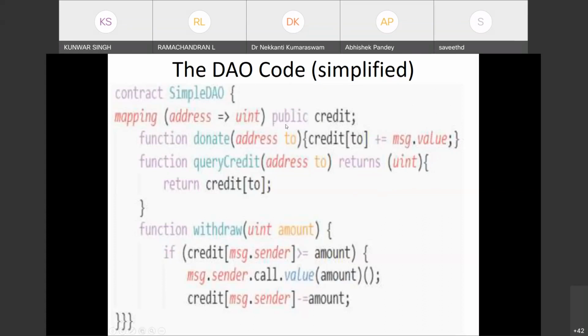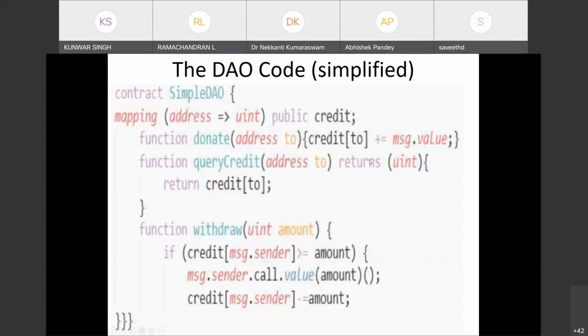This is the code to donate the money, with an address and amount, the money stored in that address. Let's say I want to donate. I have to click the function donate, and the money I'm donating is the message value. This is my address. The money will be credited to my address.